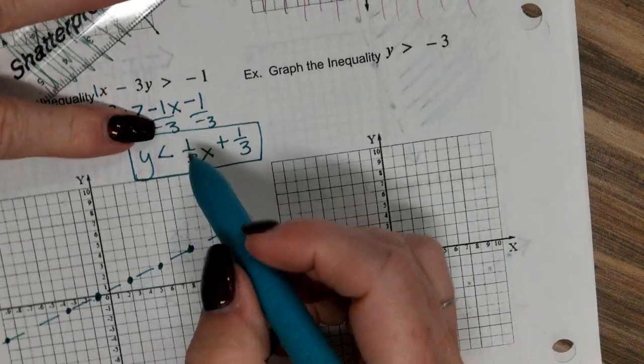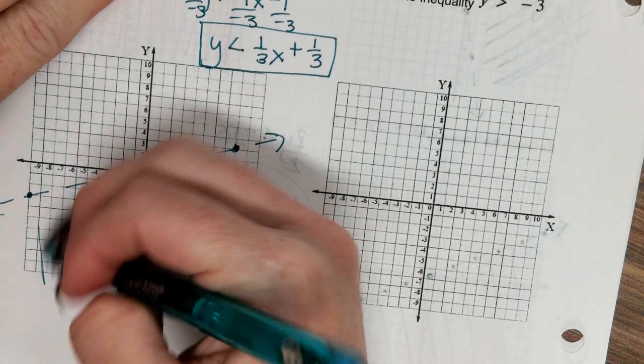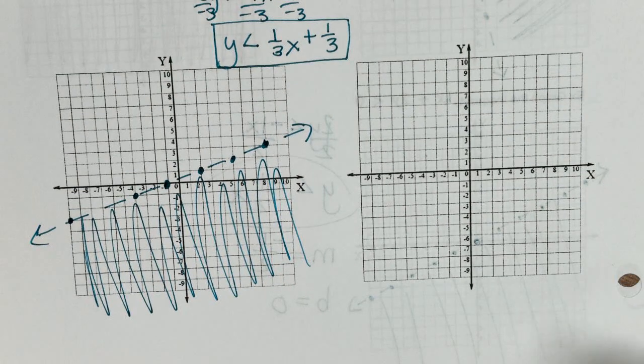And since it's less than, I'm going to shade down to the ground. Are y'all catching on? So greater than is up to the sun, less than is down to the ground.